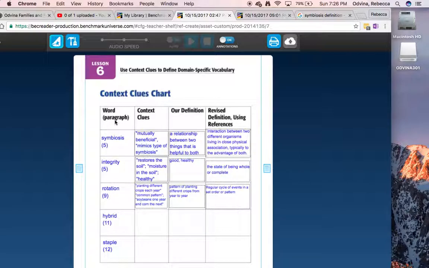So you need word, paragraph: hybrid 11, staple 12; context clues with 2 empty cells; our definition, 2 empty cells; and revised definition using reference with 2 extra cells. You do not have to recreate this top part with symbiosis, integrity, and rotation.